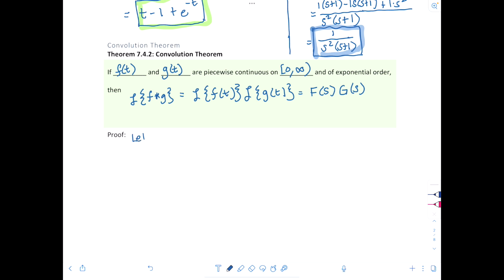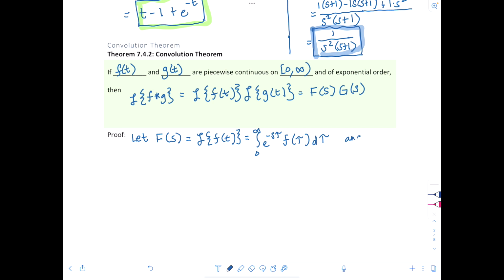So let's take a look. If we let capital F of s equal L of f of t, which, if we write this in terms of the definition, is the integral from 0 to infinity of e to the negative s tau times f of tau d tau.